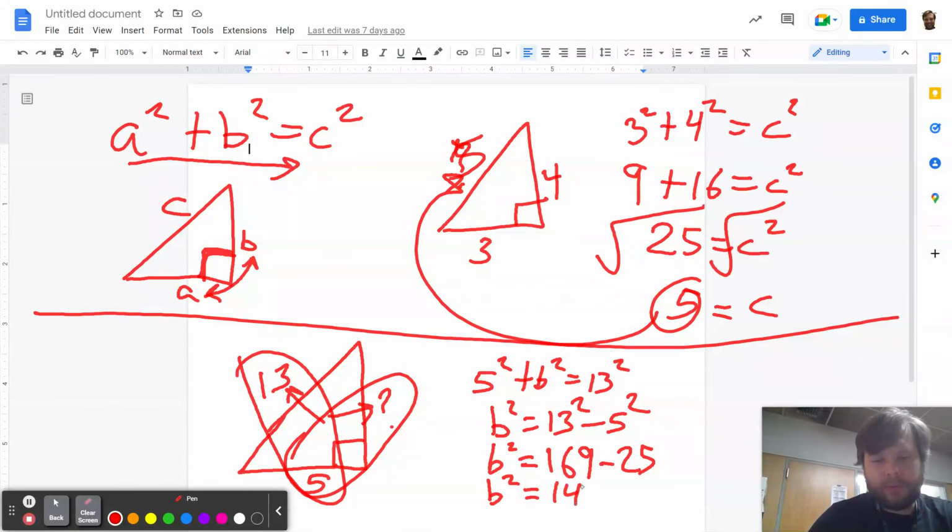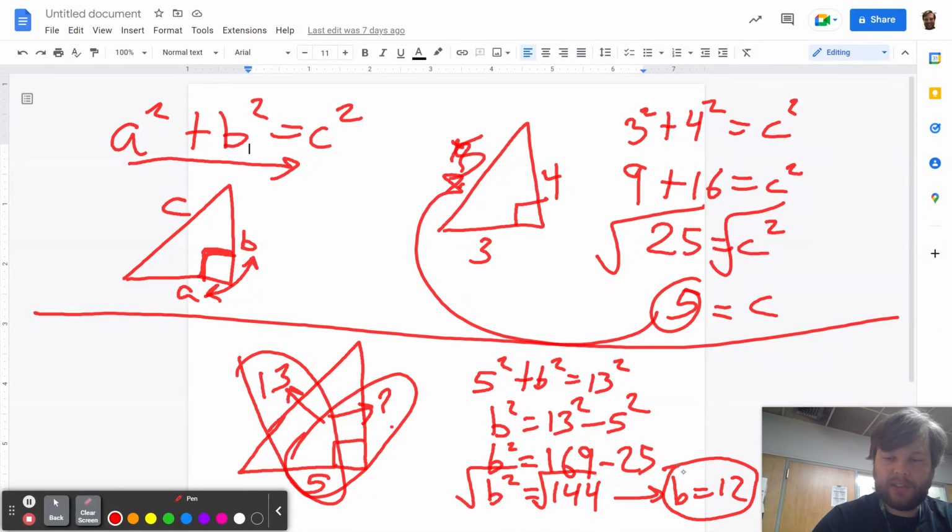Subtract those, you get 144. I think, do I square this number or do I square root it? Well, if you square 144, you get a number that's way up in the thousands. That doesn't make sense for a triangle that's only got 5 and 13 on the other sides. So we square root to get rid of squaring, and that tells us that b is 12. So I chose nice numbers on purpose so that I knew I would get nice answers.